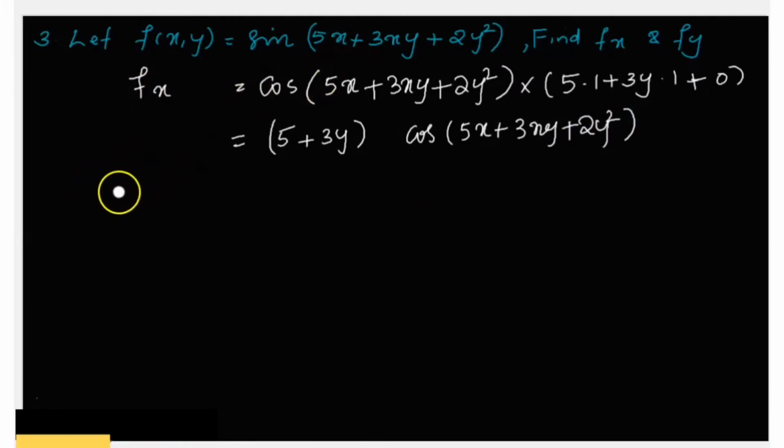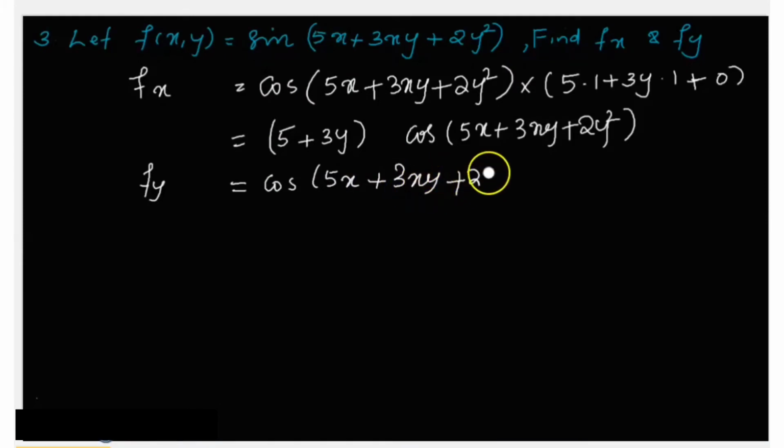Next, we differentiate this with respect to y. That is, fy is equal to, again the derivative of sine is cos. Cos of (5x + 3xy + 2y²) into the derivative of the bracketed function with respect to y, treating x as constant.